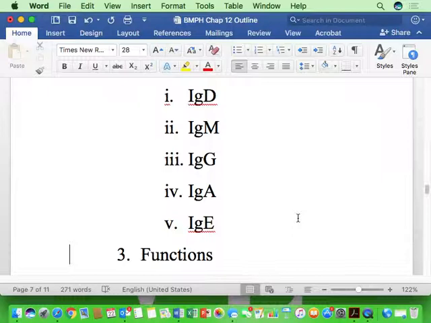And this causes a series of reactions. It causes neutralization of the antigen.